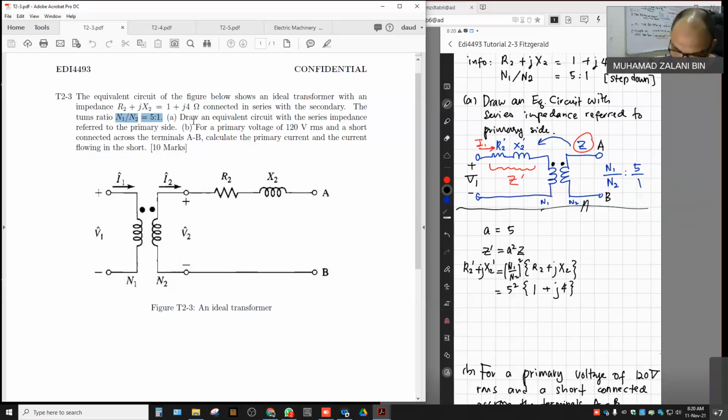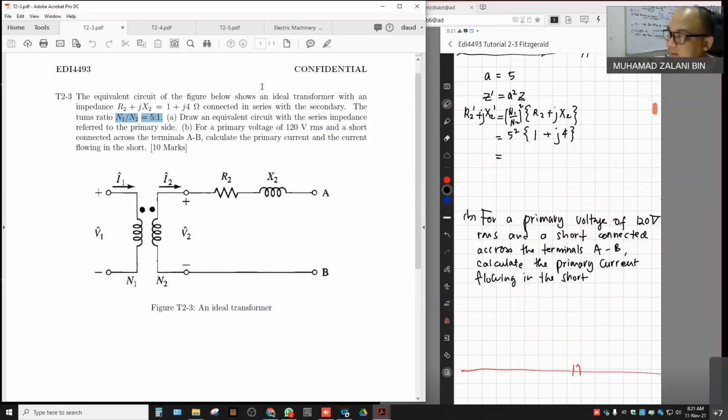So, directly calculate this. We have 25 plus 25 darab 4, 100 kan, plus j 100.